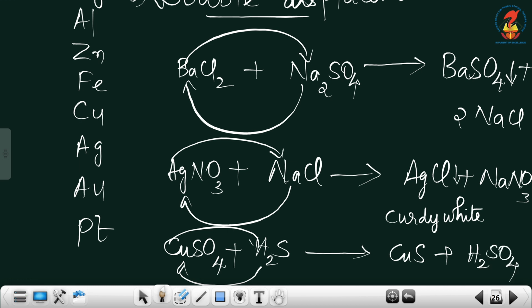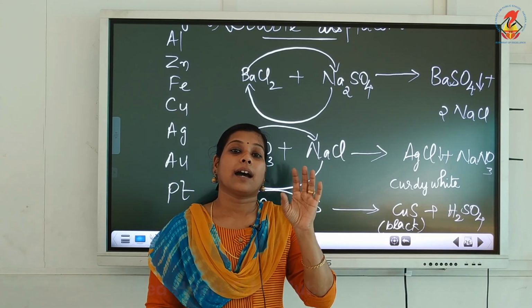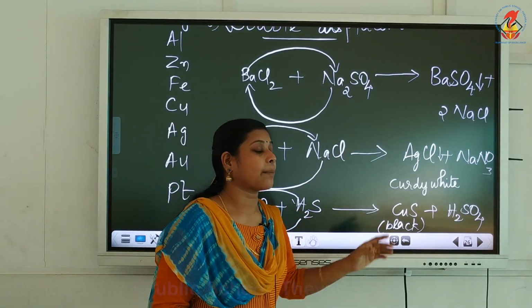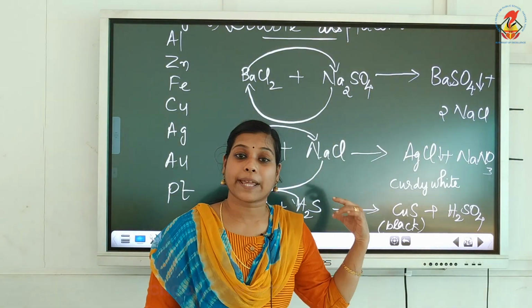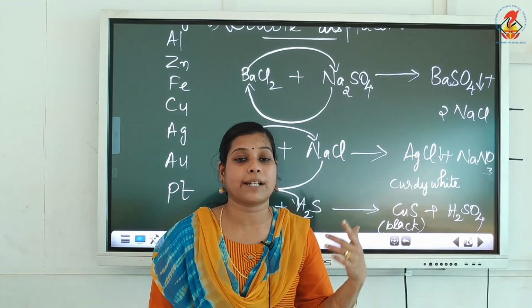So mutual displacement of elements on the reactant side is taking place, and new products are produced. This is known as double displacement.